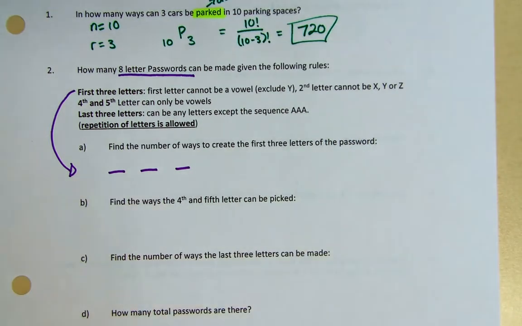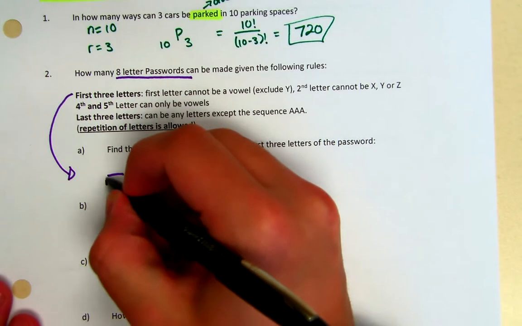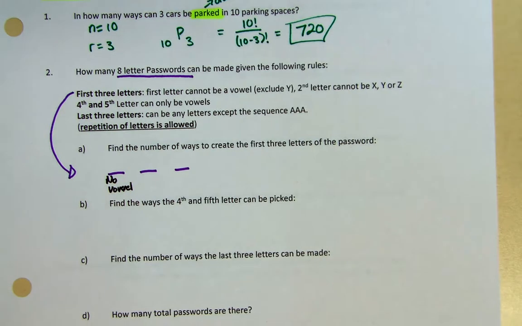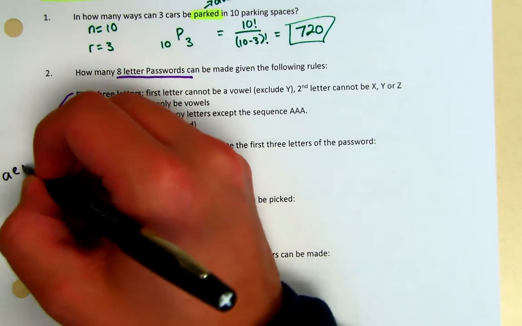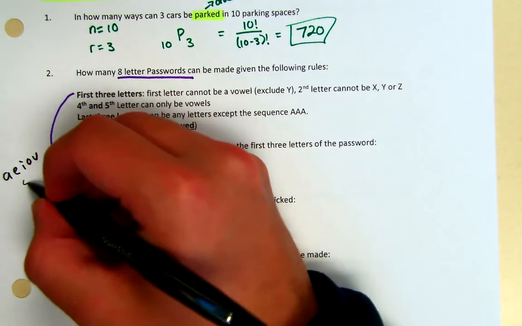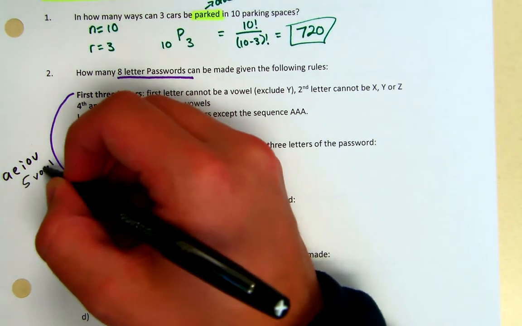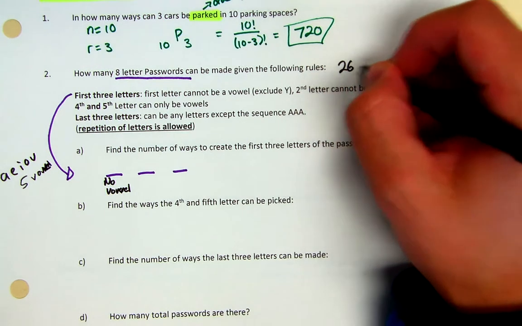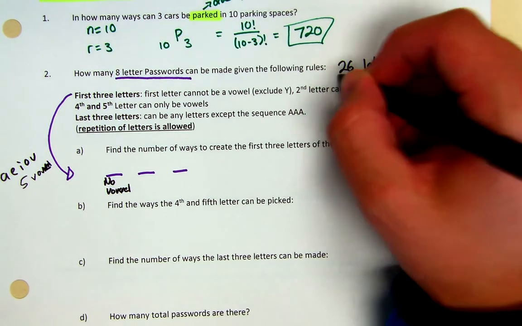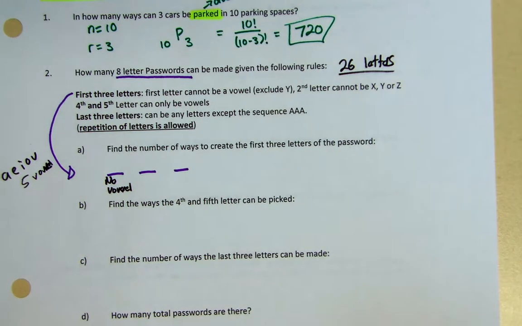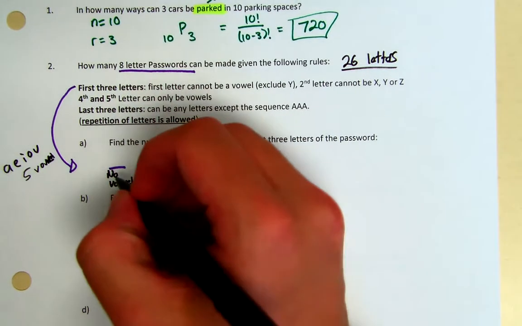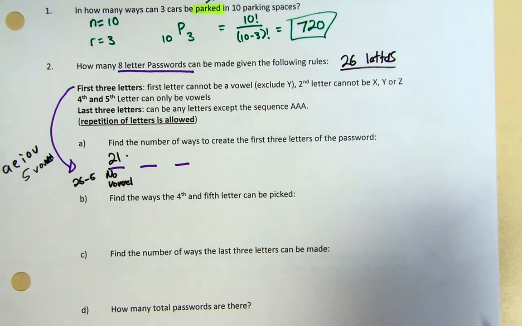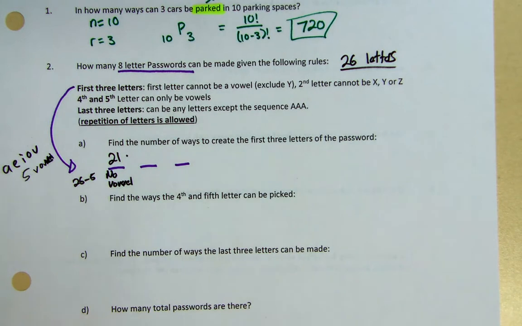The first letter cannot be a vowel, so no vowel. How many vowels are there? A, E, I, O, U, so 5 vowels. And how many total letters are there? 26 letters in the alphabet, if you don't remember. So no vowel, that's 26 minus 5, so 21 different things I can put in slot 1.